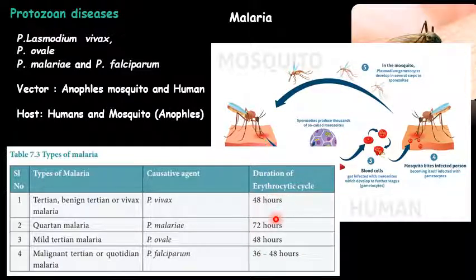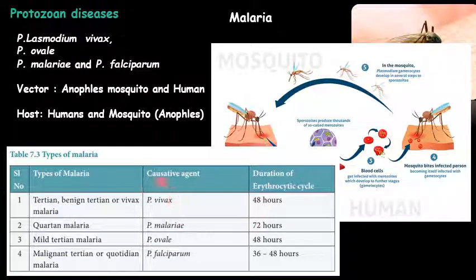The erythrocytic cycle relates to the erythrocytes or red blood cells, and how long it takes to reproduce and multiply within the blood cells is called the erythrocytic cycle.